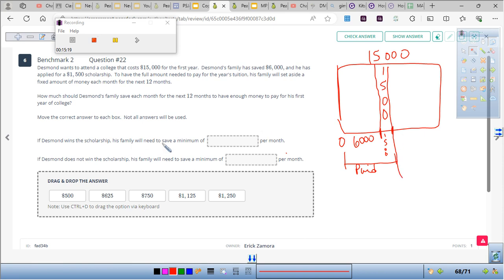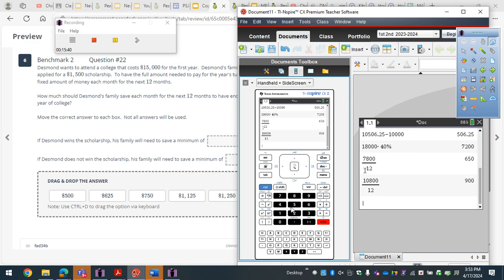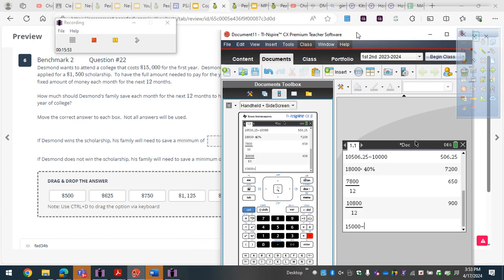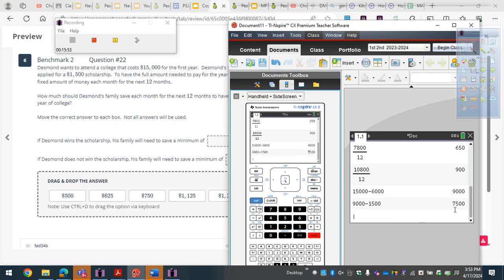His family will need to save a minimum of blank per month. So let's figure out this much right here. The whole thing is 15,000. We're going to subtract 6,000 and 1,500, and that'll give us this little area right here. Minus the 6,000, and minus the scholarship if he gets it, that's 7,500.